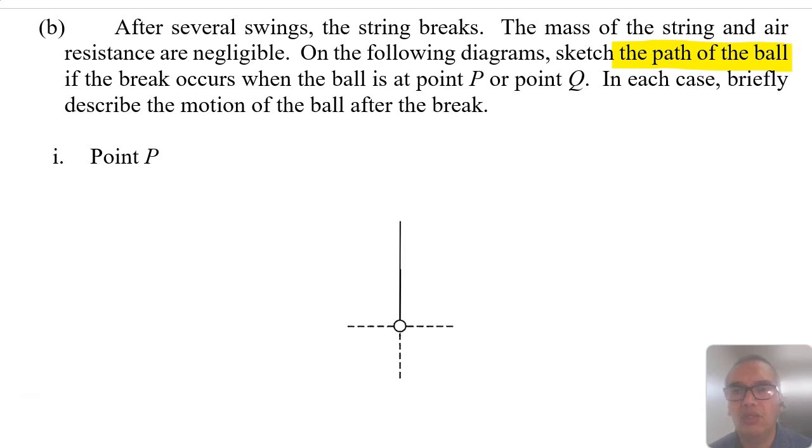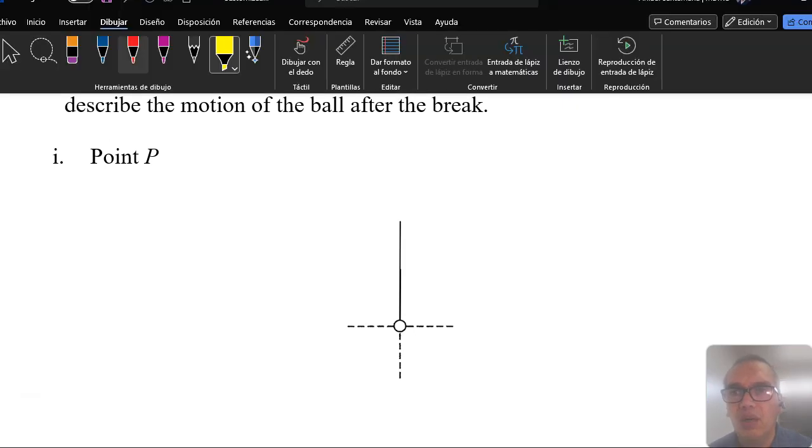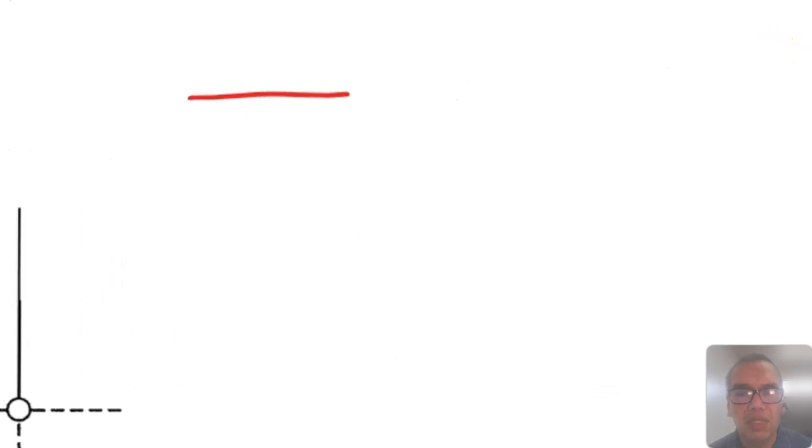So let's go with point P. When you were at point P, remember, the velocity was completely horizontal. That was the velocity at P, and now the string just broke. And so if you have no longer any tension force, then there is only one force acting on this object, which is the gravitational force mg.